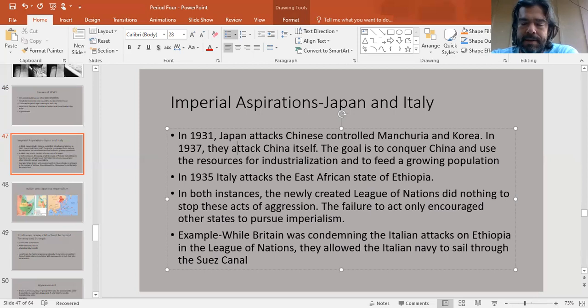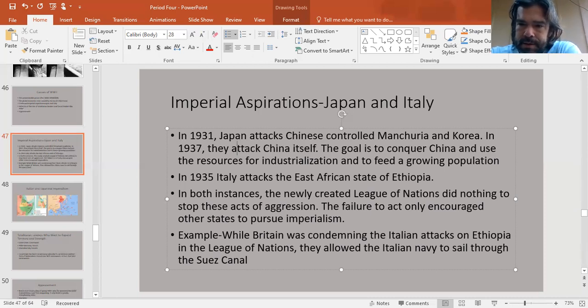And aggressive dictatorships are like, oh, cool, we can do this, and there's not going to be anyone who stops us. Unfortunately for the world, the League of Nations fails to act to stop either one of these instances of aggression. And a big part of this is racism.